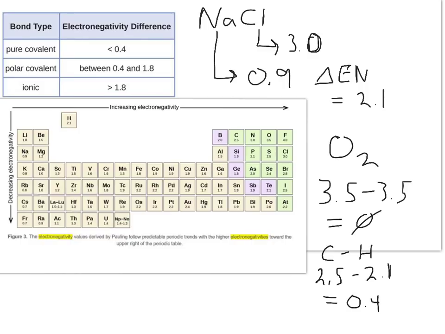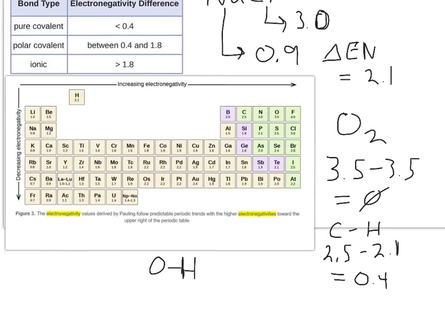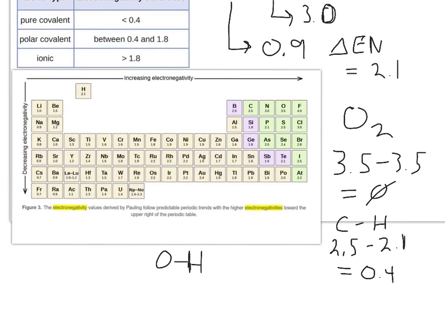It's really not very polar. But another common bond is an oxygen-hydrogen bond that occurs in organic molecules or just water. 3.5 minus 2.1 is 1.4.